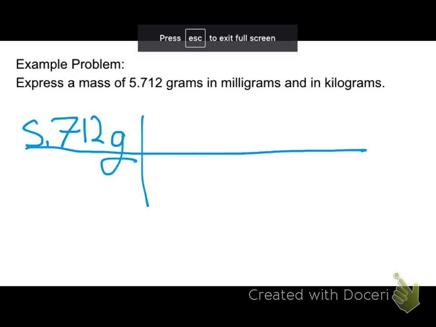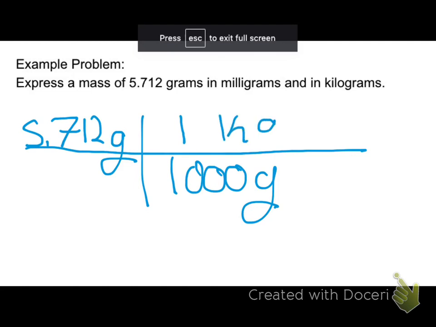Okay. So now we need a conversion factor that goes from grams to kilograms. So if you remember, we said there were 1,000 grams in every 1 kilogram. Okay.